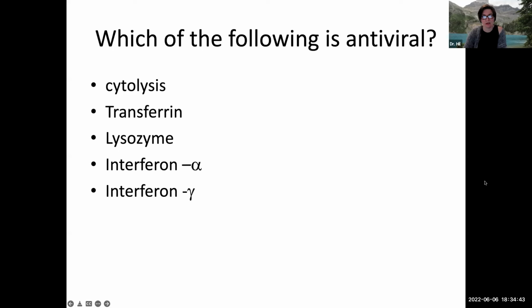But Nikki, can you tell us why you chose no for cytolysis is not antiviral? That is correct, but what was your reasoning? Are you there, Nikki? Are you able to tell us? How about Haley? Oh, Nikki's gonna pass. Yeah. Haley, do you have an answer to this? You had a question mark, but do you have a guess as to why?